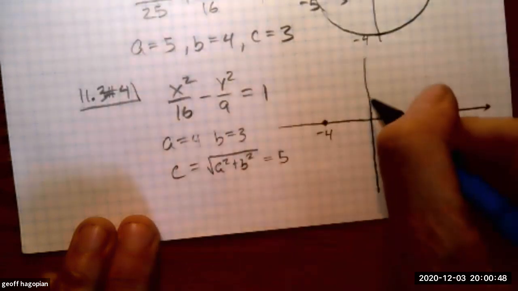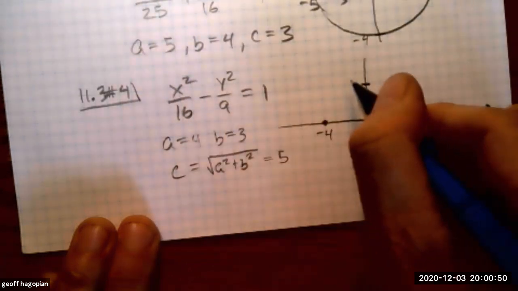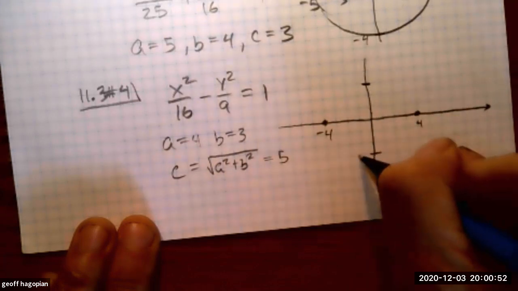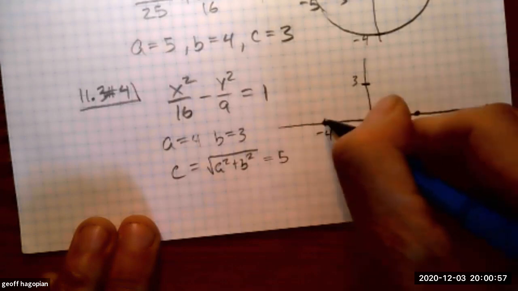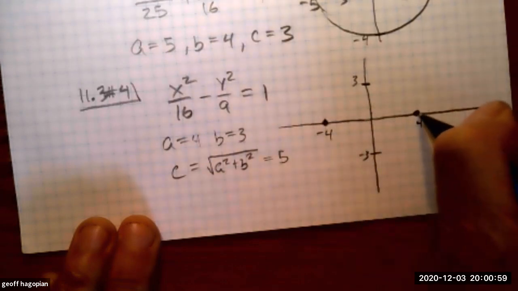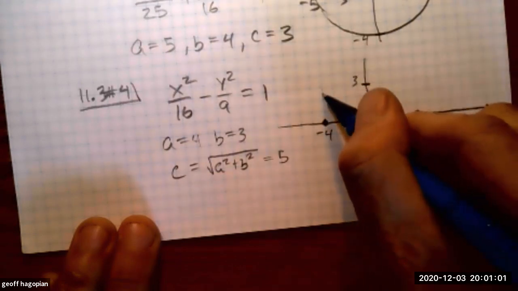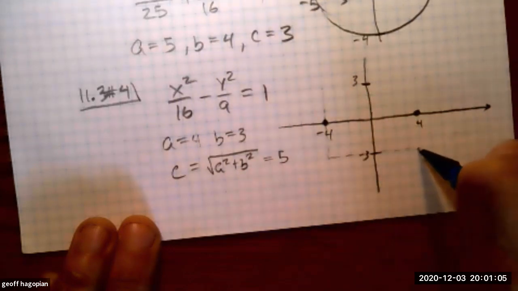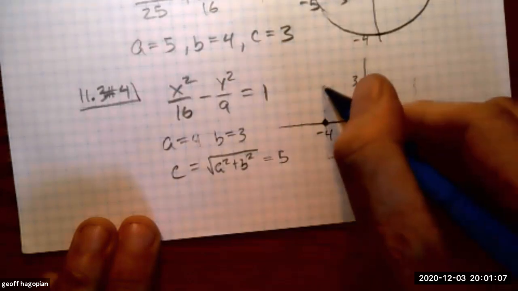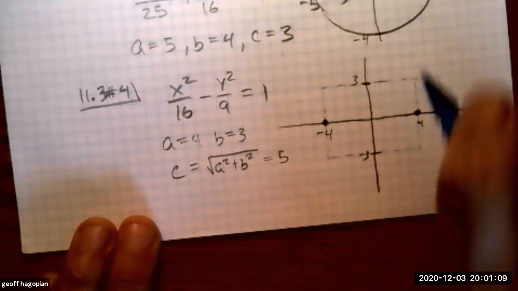So the box will go from -3 to 3 on the y-axis. These are not intercepts though. These are the vertices of the hyperbola. These things are useful for drawing the asymptotes though, so we make a little 6 by 8 box here, centered at the origin.